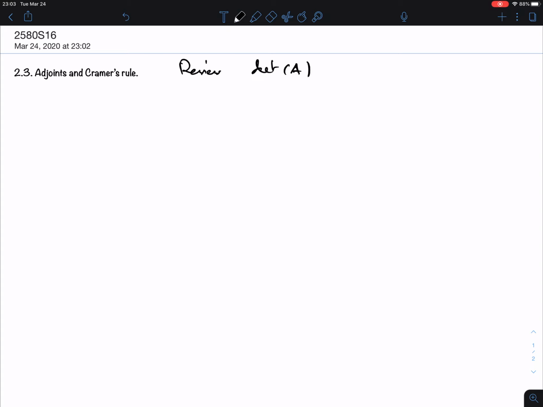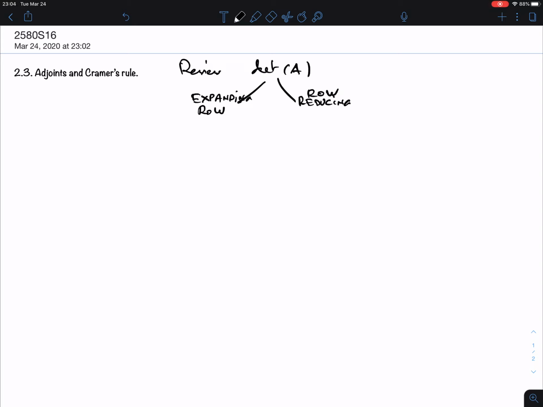We can either do expanding along a row, or row reducing. The two methods, and the best method is actually a combination of both. That's what we did in last section. Okay, and this was also your homework for today.